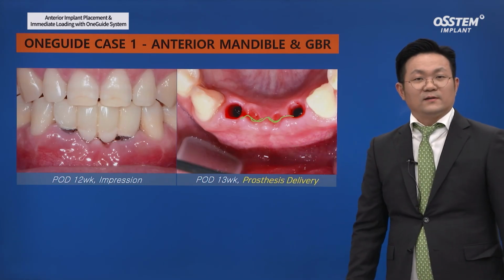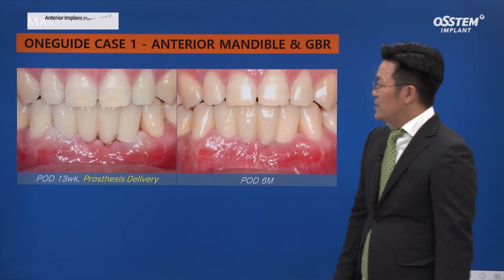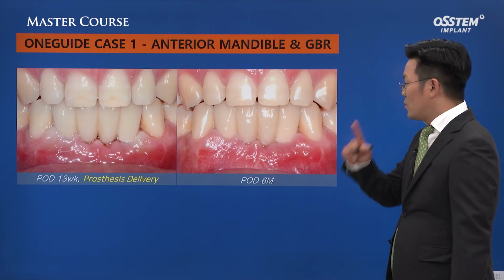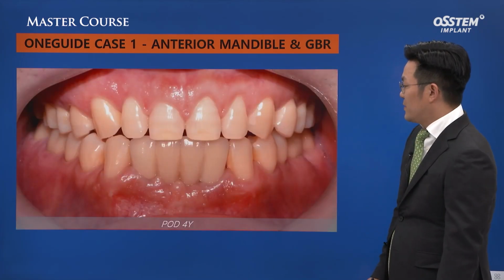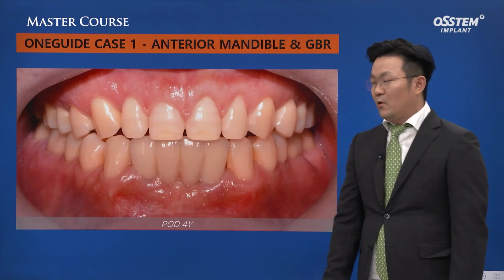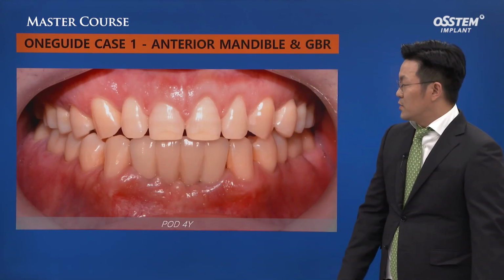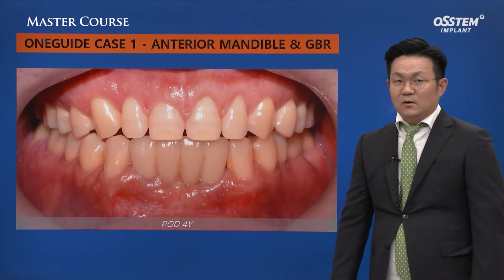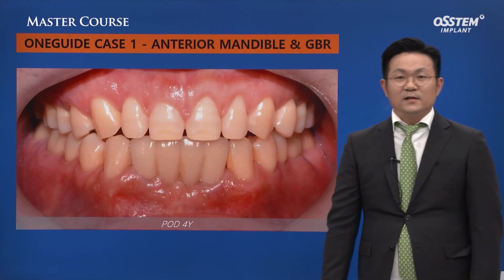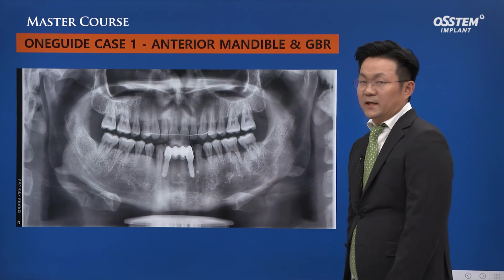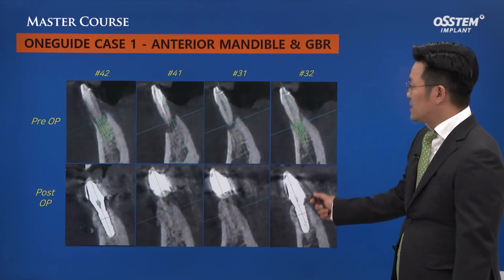After 13 weeks, the final prosthetics were delivered. Even after 4 years, the labial side contour remains, and the prosthetics are maintained to be very aesthetic over the long term. These are the CT photos, and the before and after comparison.